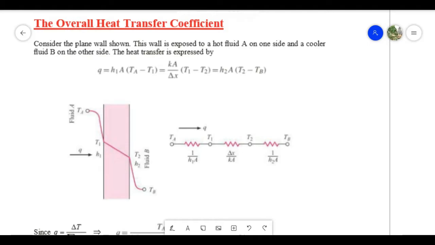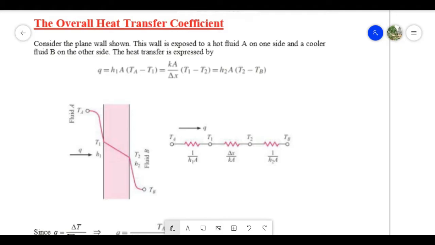They usually denote all of it in terms of the overall heat transfer coefficient. But in this video, we're going to talk about how the overall heat transfer coefficient is derived. So consider the plane wall shown.